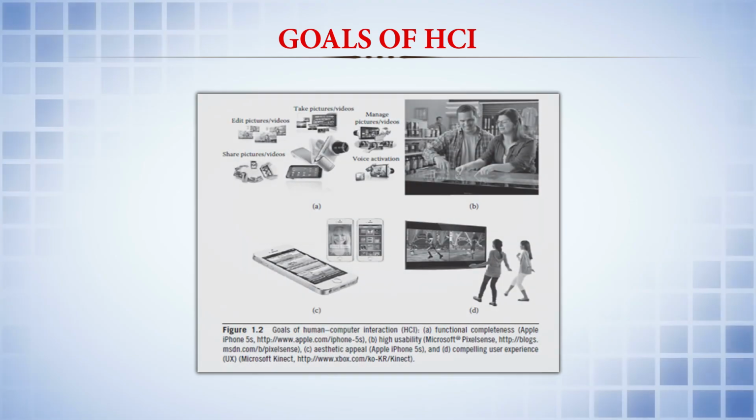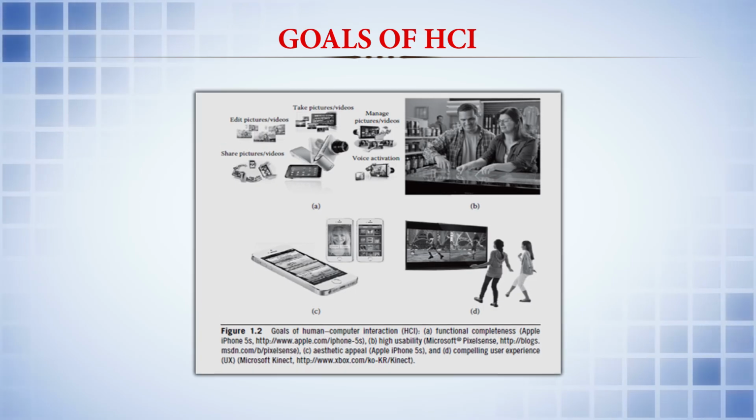Even for the compelling user experience, there is the ease of use, the options that it is providing, and the immediate responsiveness of the website whenever we are talking about a website. So, these are certain goals of human computer interaction. You can see over here there are several aspects we had covered.